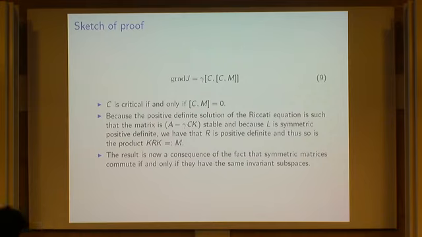And you can show that if this matrix is stable, R is unique and positive definite. If both K and R are symmetric positive definite, so is their product. And then you can show that if two symmetric matrices commute, they have to have the same invariant subspaces. So this is how we found it.